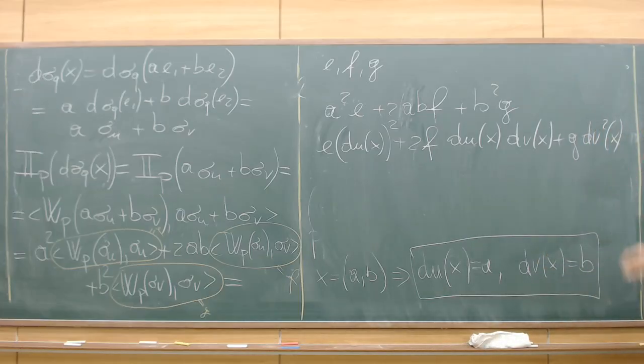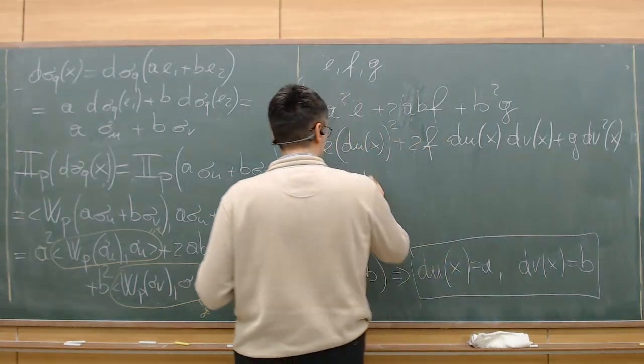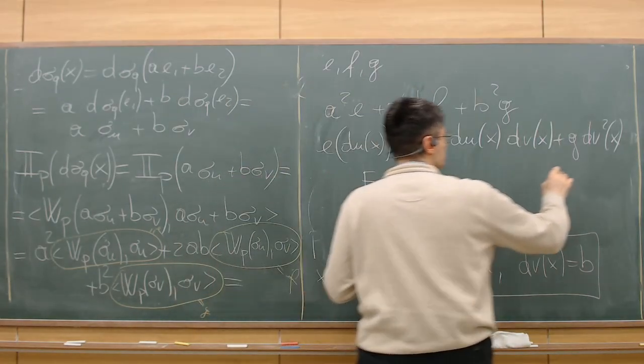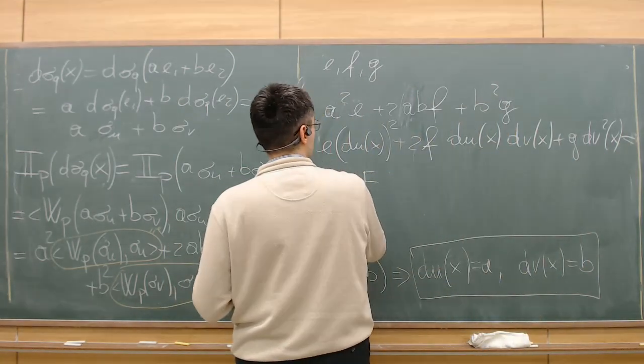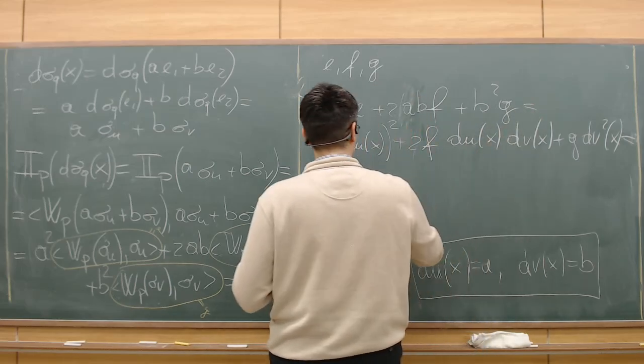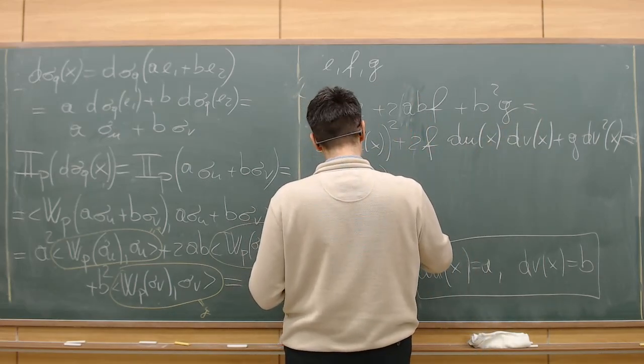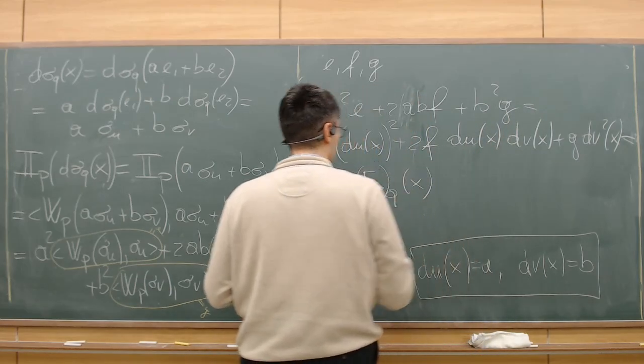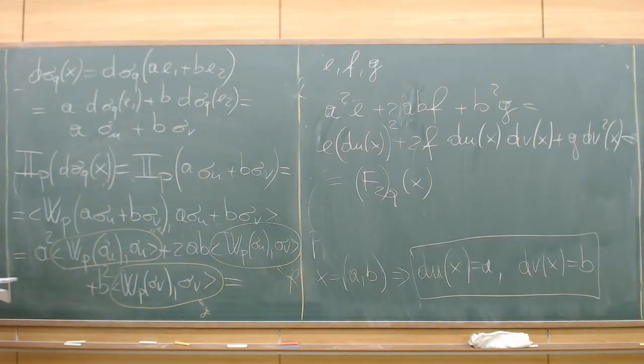And this is nothing but the second fundamental form evaluated at Q of x. So the identity is now proved.